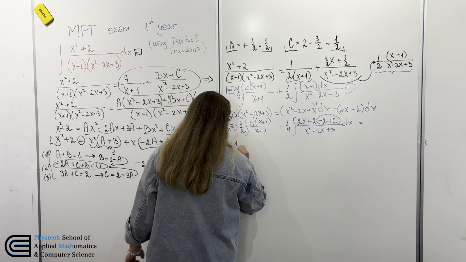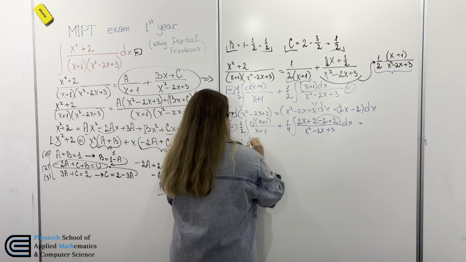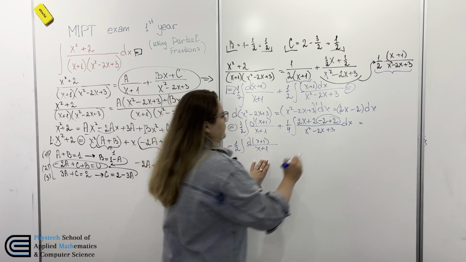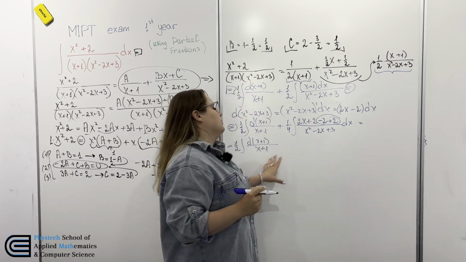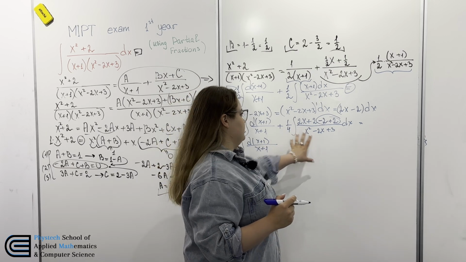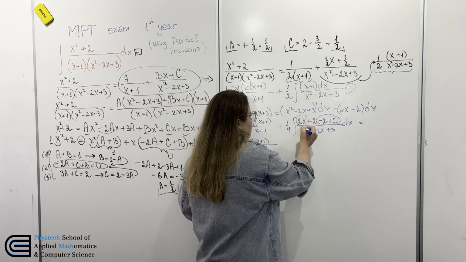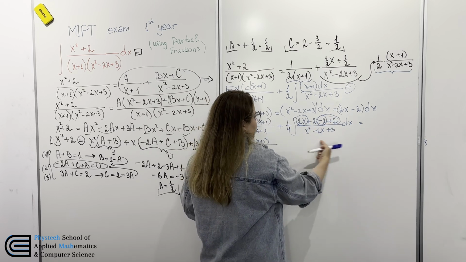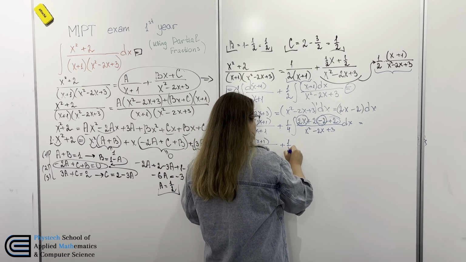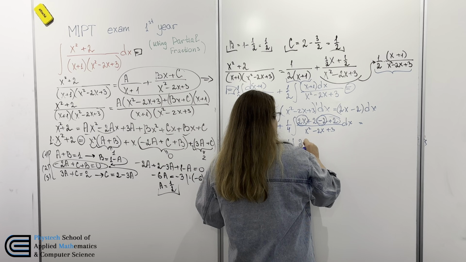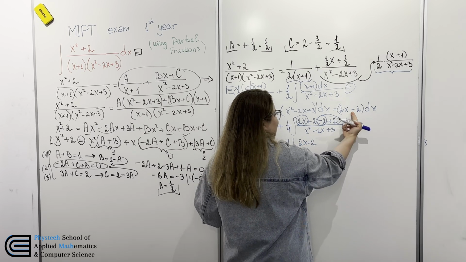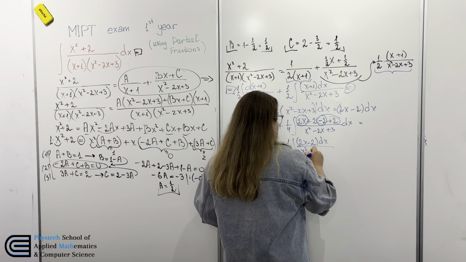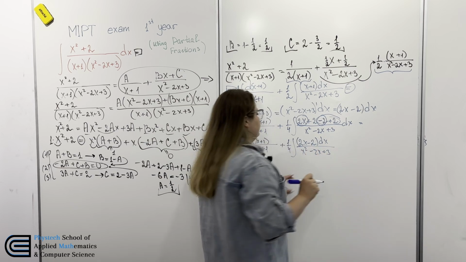So then again, I quickly rewrite this line, and from here we can obtain two integrals. Look, this part and this part: 1 divided by 4 integral of (2x minus 2) dx divided by x squared minus 2x plus 3.